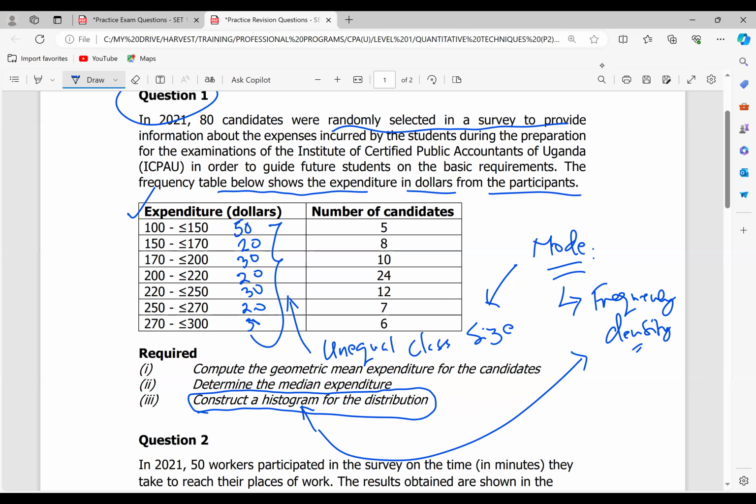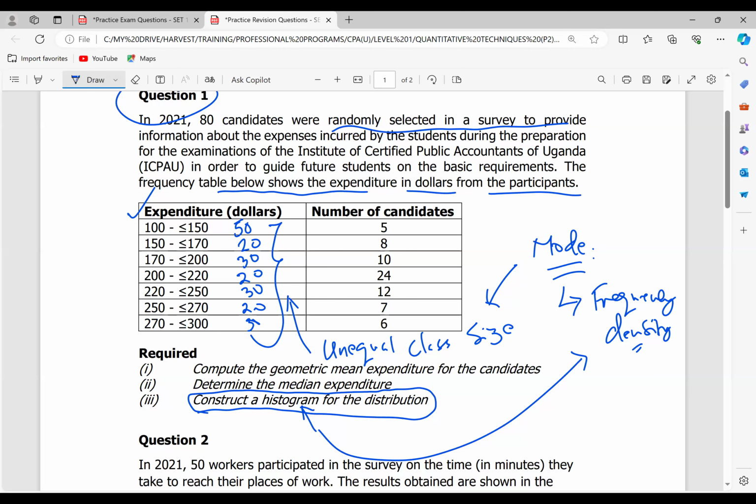So what is this frequency density? Frequency density is an approach or a technique that is used where we have unequal class size to equalize the sizes, or to get a measure that is comparable across the different sizes.